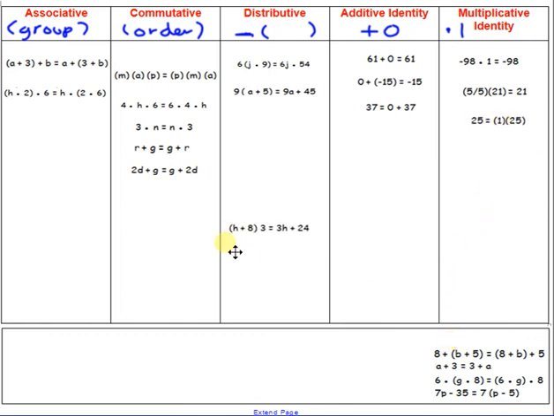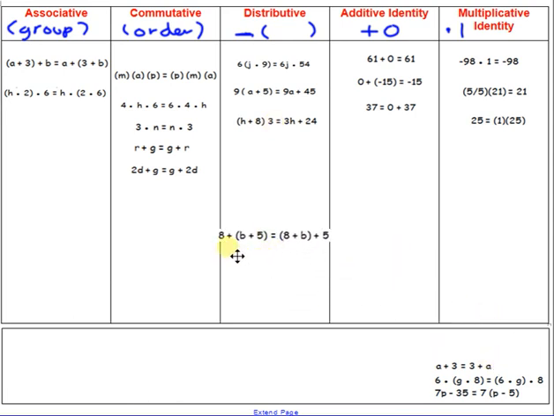All right, here we have (h + 8) times 3, because it's attached, equals 3h plus 24. It looks like that 3 has been distributed or passed out to the other letters and numbers.